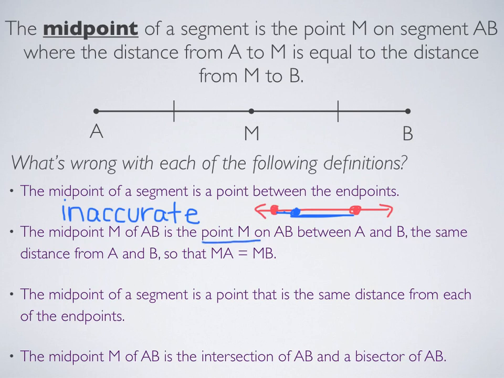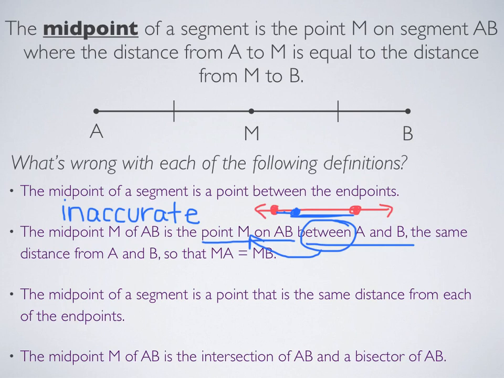This says point M has to be on segment AB, and then it says it has to be between A and B. Well, doesn't between include the point having to be on the segment? When we defined between a couple of slides back, we said that for a point to be between two points, it needs to be on that segment. So this is redundant. It's like I'm saying the same thing twice.